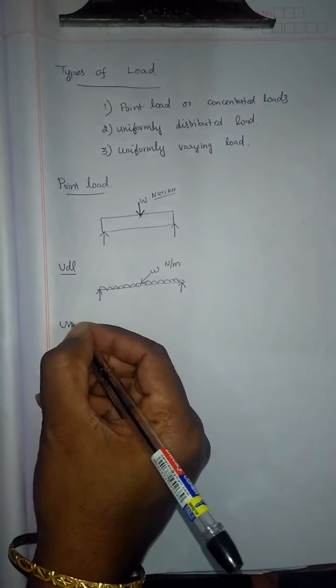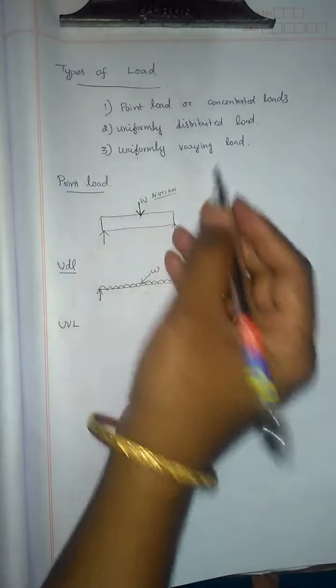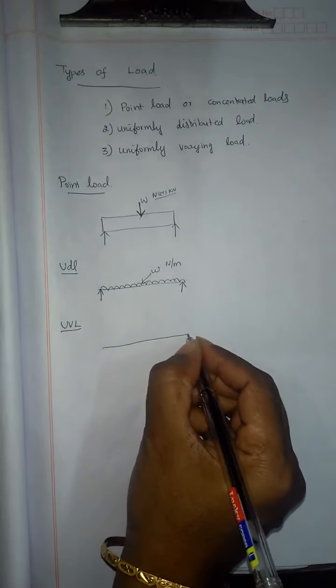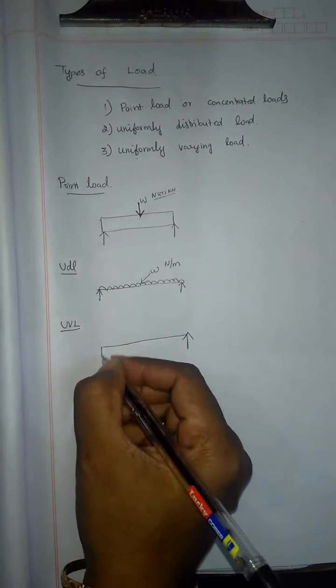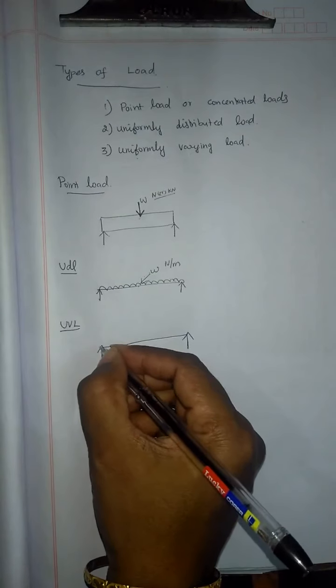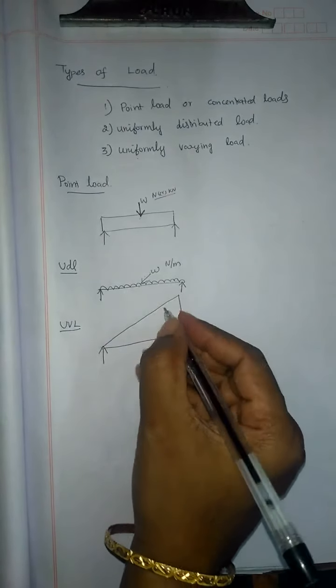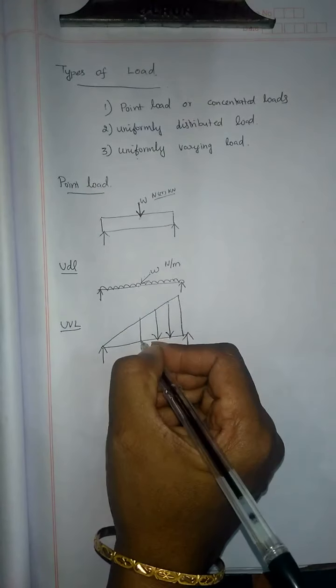Next, UVL, which is uniformly varying load. This uniformly varying load is also known as triangular load. In this the load will be represented in this way.